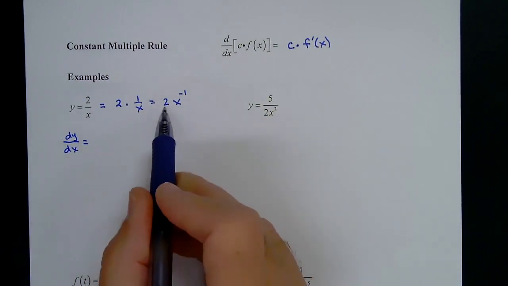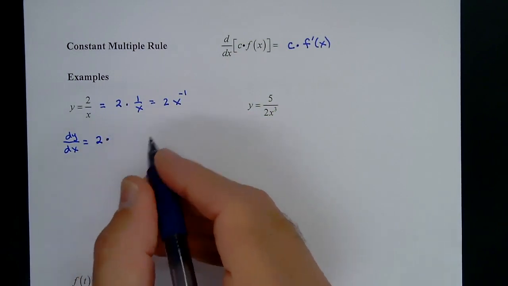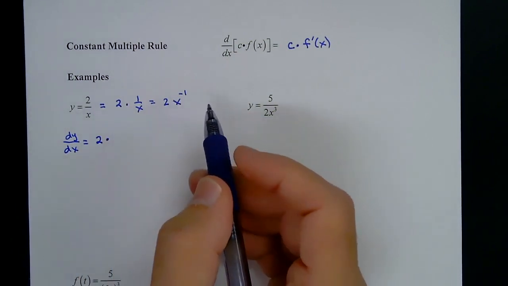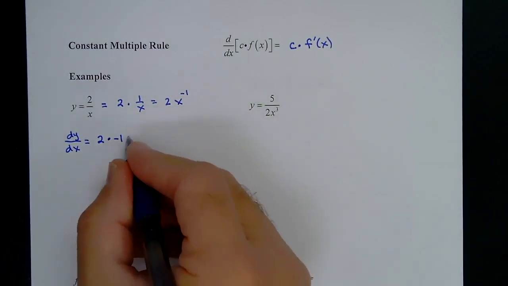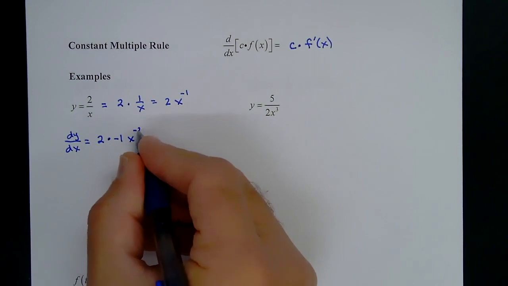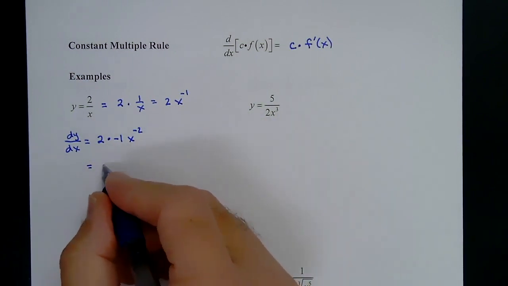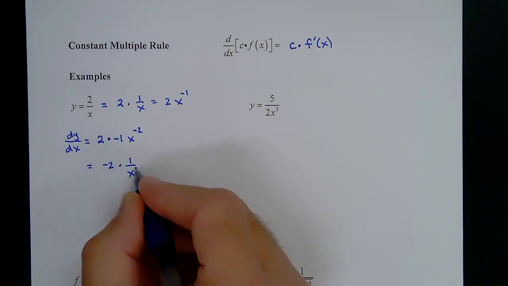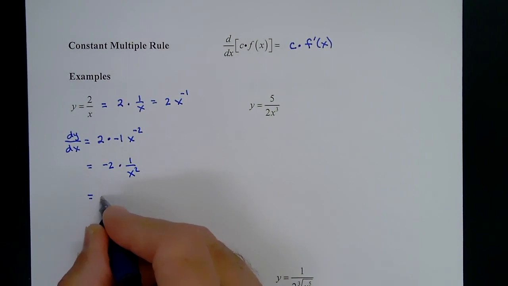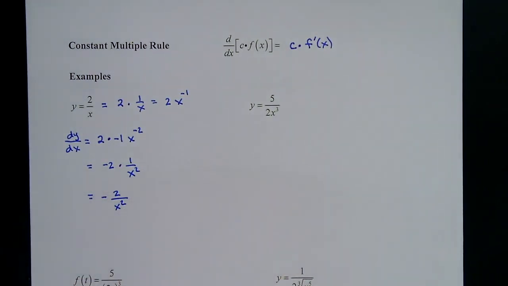That's always going to be this constant, which happens to be 2 in this case, times, and then now we're going to do the power rule for x. So it's going to be times negative 1 x to the negative 2 power. So that becomes negative 2 times 1 over x squared, or this becomes negative 2 over x squared. And that's the derivative of 2 over x.